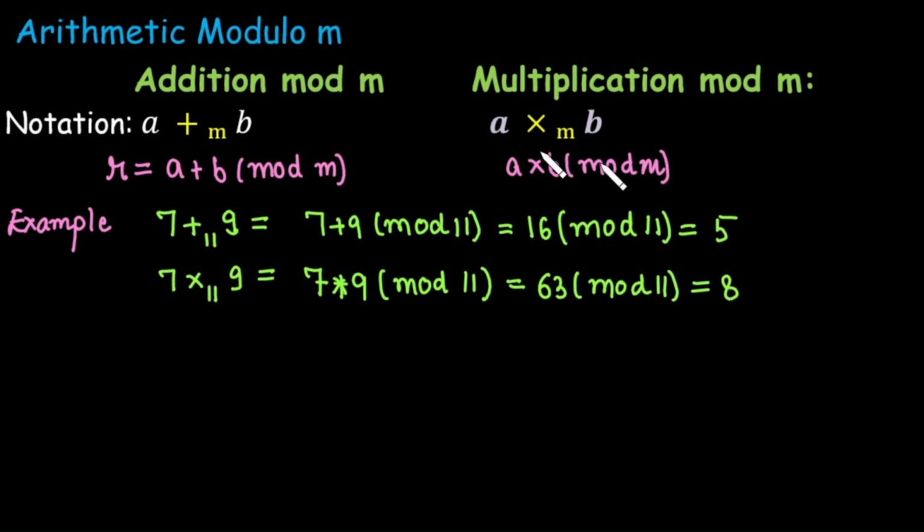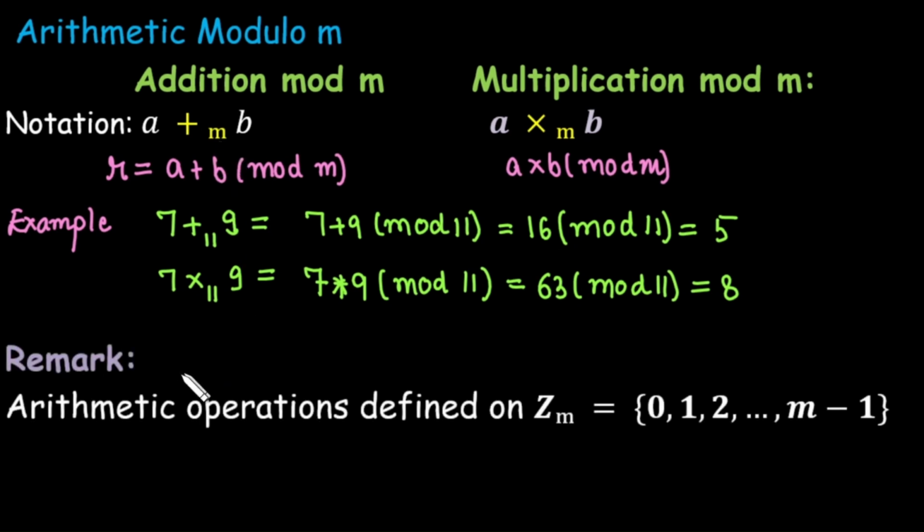So note that whenever we are performing any arithmetical modulo m, either addition or multiplication, we need the value less than m and greater than or equal to 0. In short, arithmetical operation is defined on the set of non-negative integers less than m, which is represented by Zm.